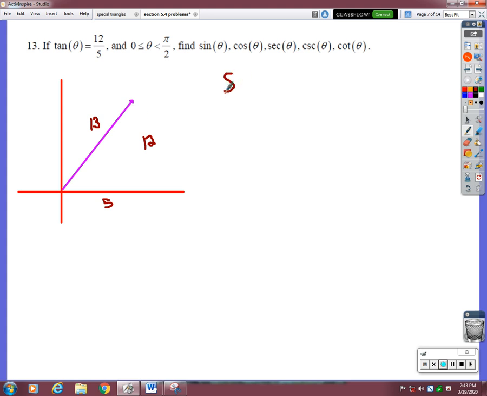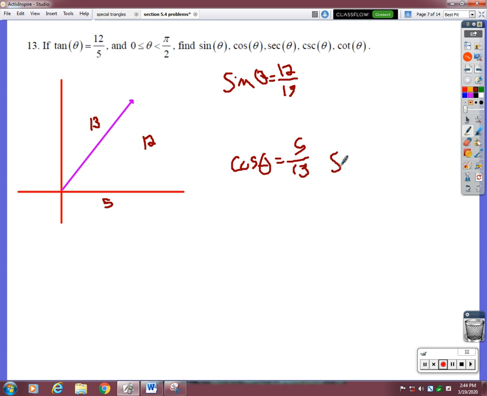So now we can very easily find all of our trig ratios. Sine is y over r, 12 over 13. Cosine is x over r, so 5 over 13.